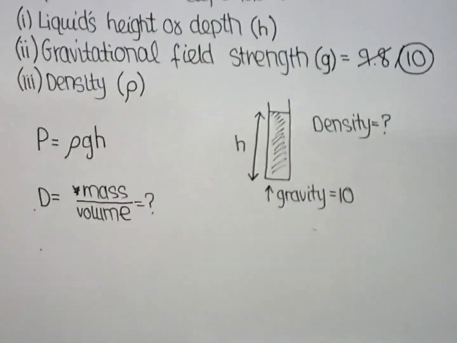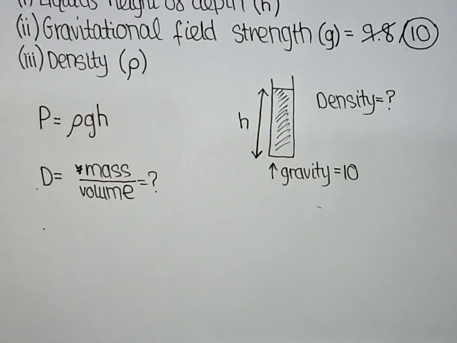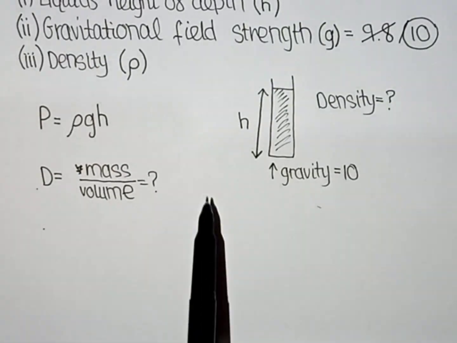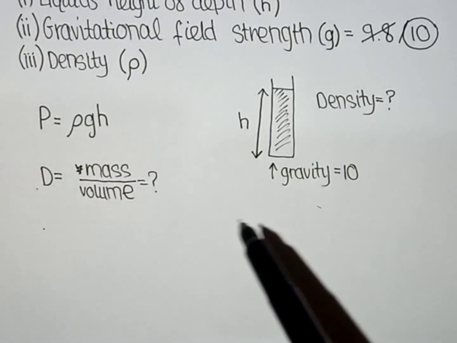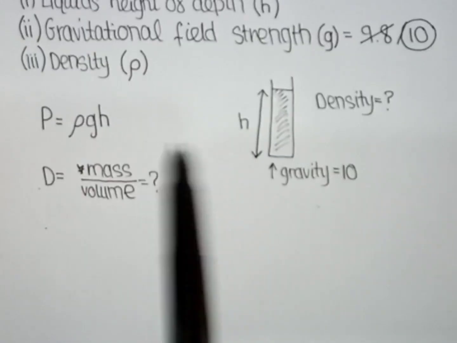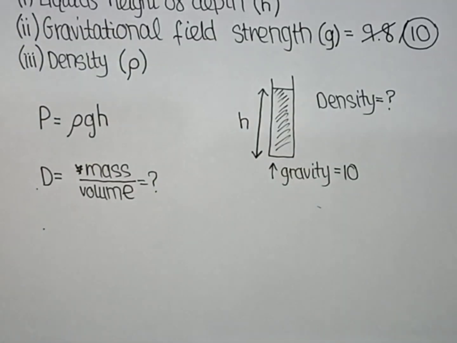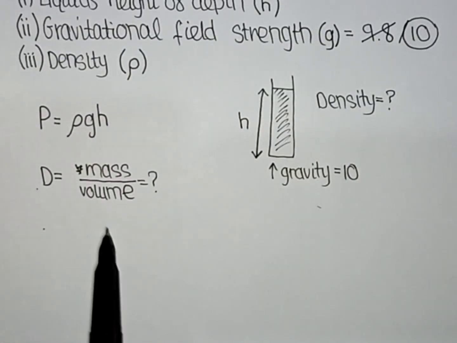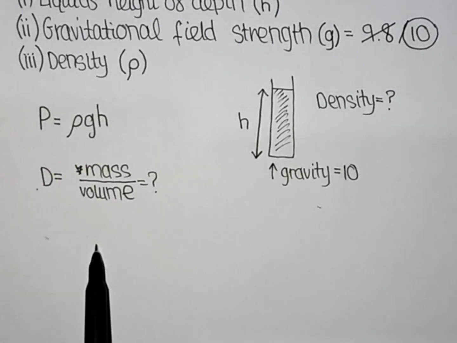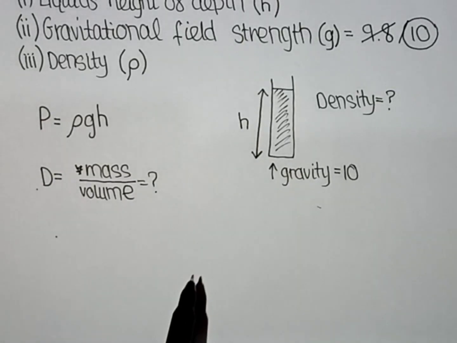These can be types of questions, so it is not certain that they will give you the value of density too. You need to understand the formula, you need to memorize it, otherwise the paper is hard for you.